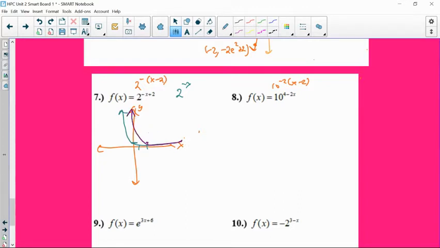Sharp turn at 2, 1. And again, to get an output of 1, really you're looking for the 0 of that exponent. So how would I make this equal to 0? Oh, let x equal 2, and then we get the 0. Then we could pick other values, like maybe 1, because I know it's a positive value.